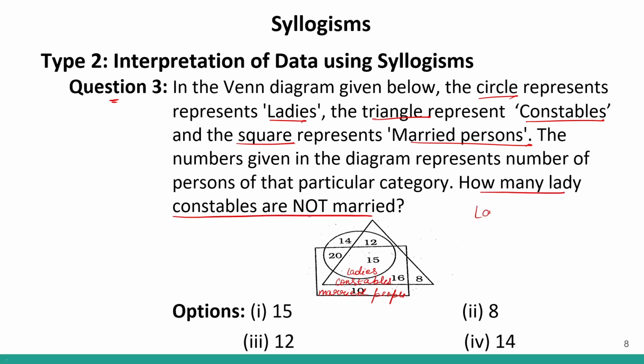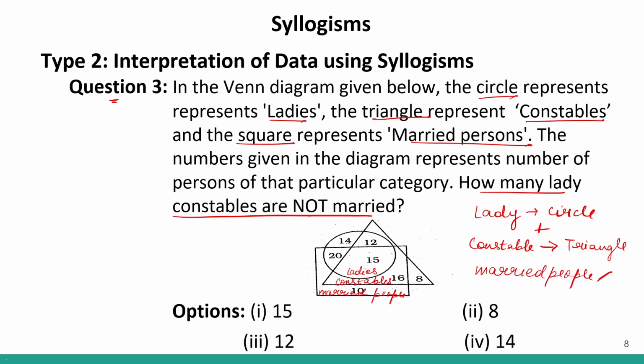So lady basically means we have to look at the circle, correct? Plus constable. Constable means we have to look at the triangle, correct? And married people, it should not be married. So that means we have to make sure that rectangle is not a part of it. So basically we have to look at an area which is an overlapping of a circle and a triangle but not a rectangle.